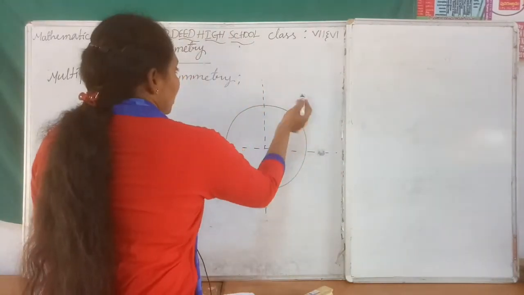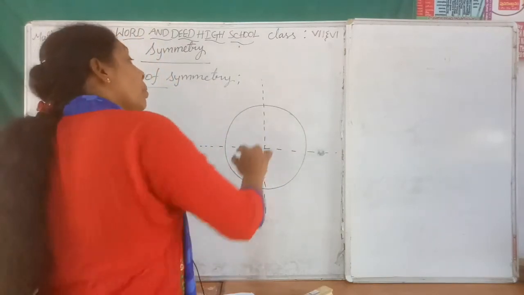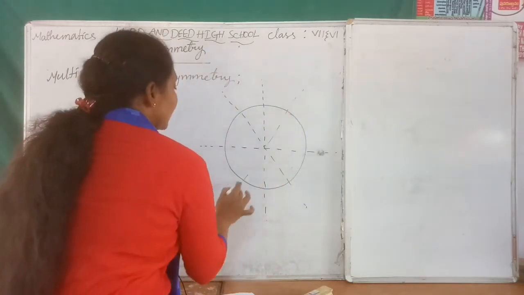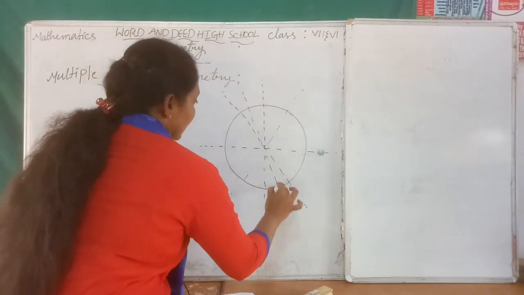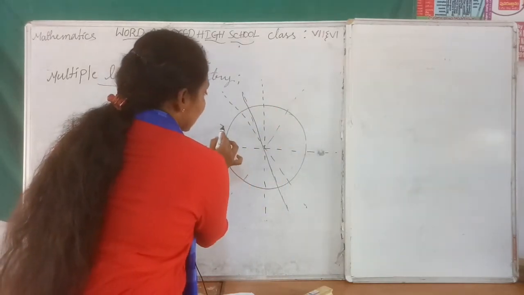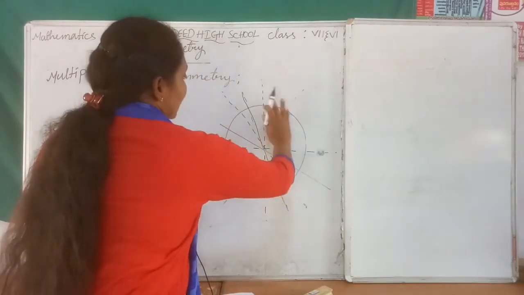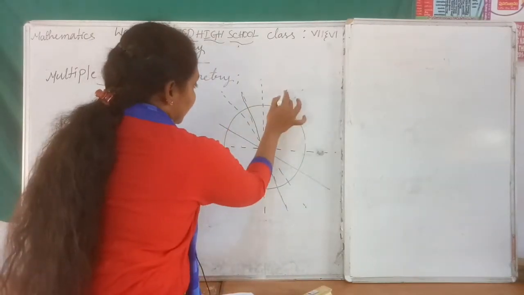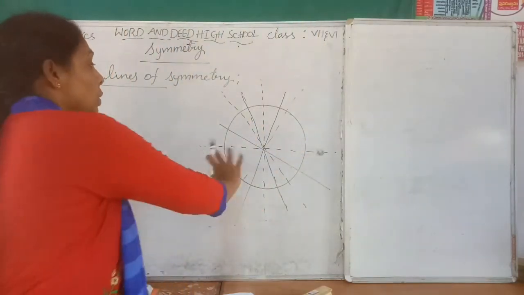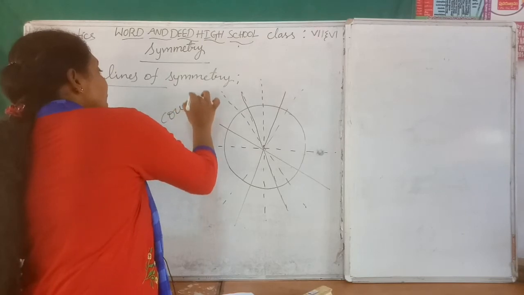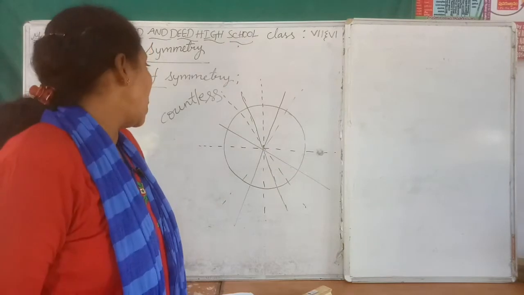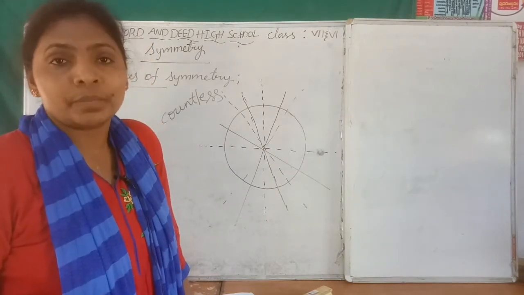Or there are no diagonals, children. So many lines of symmetry. Suppose like this, yes or no, children? These two parts coincide with each other. Suppose like this, the two parts coincide with each other. So any line. So this one has countless lines of symmetry. That means an infinite number of lines of symmetry. The circle has countless lines of symmetry.